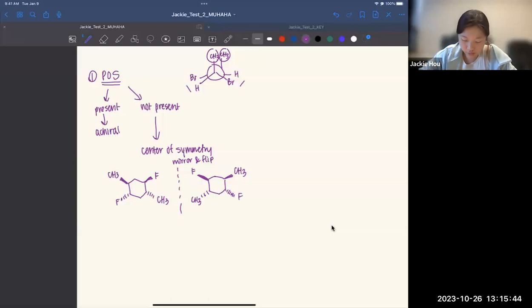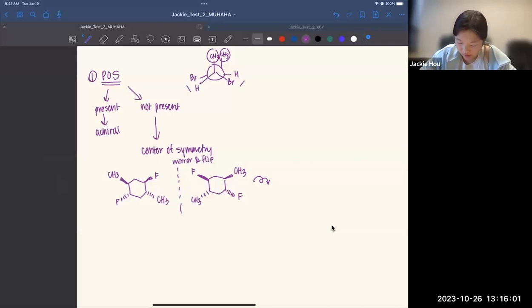The reason why we like to do the mirror and then do a pancake flip is because the pancake flip orients all the relative connectivities similar to each other, so it makes it easier for comparison.